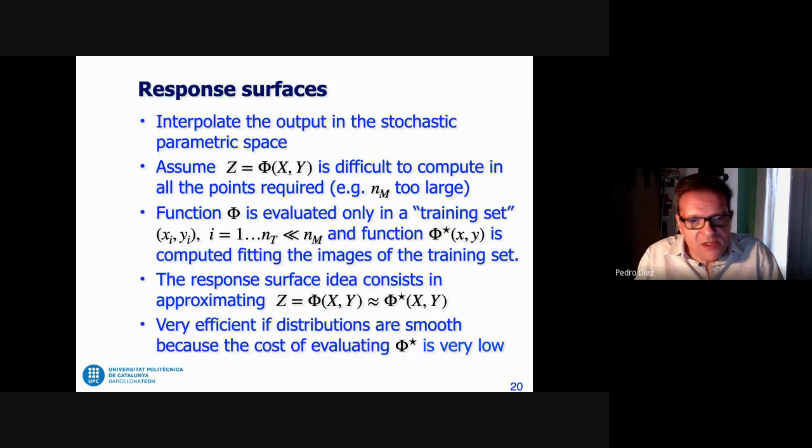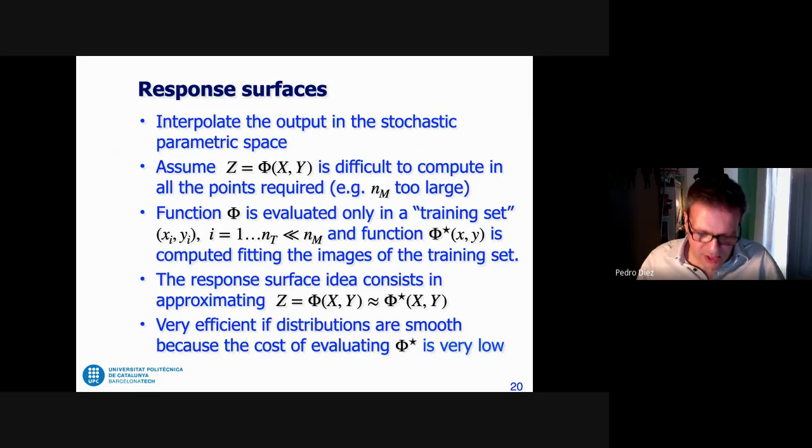So imagine that instead of doing that for, I don't know, 100,000 or 1 million realizations, which would be feasible, instead of doing that for a very large number of Monte Carlo samples, you do it for a training set, a representative sample NT, which has to be much lower than NM.